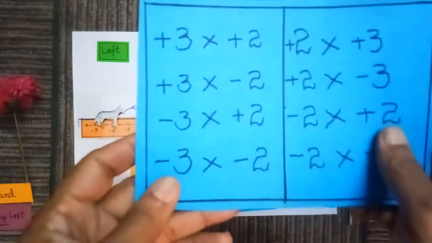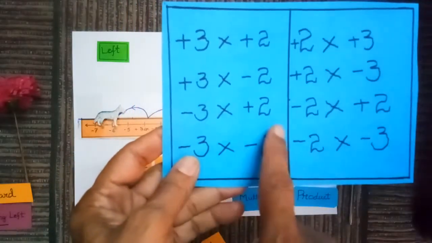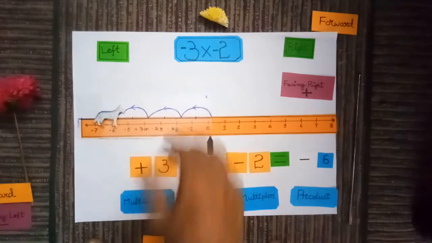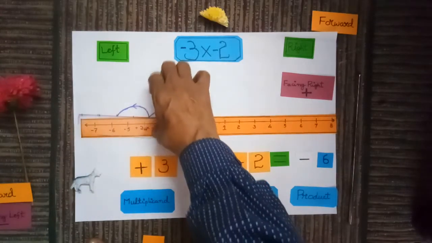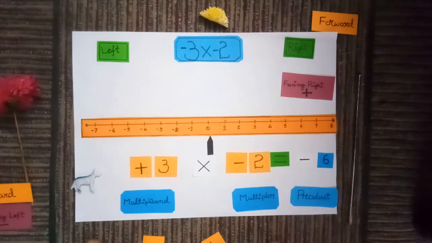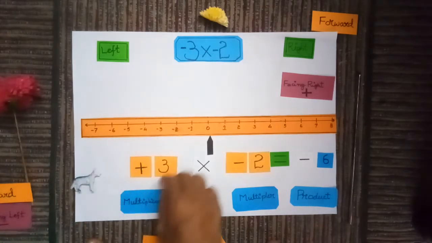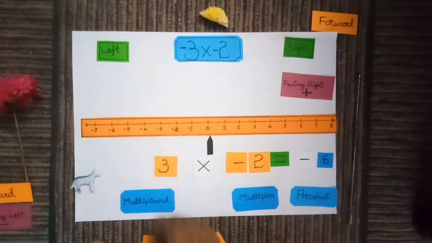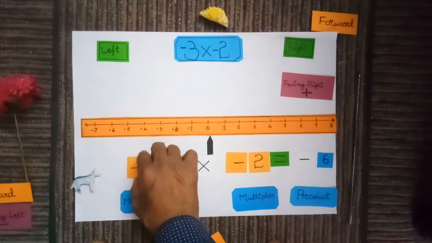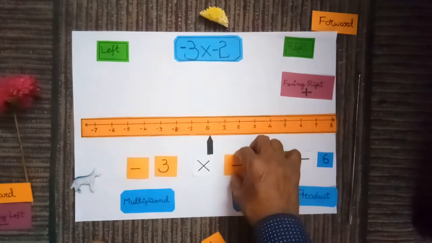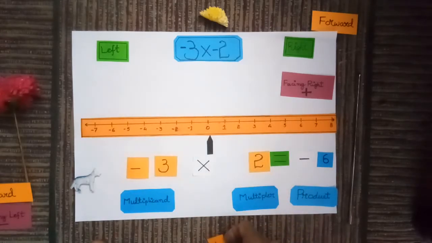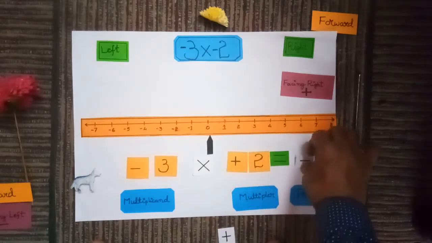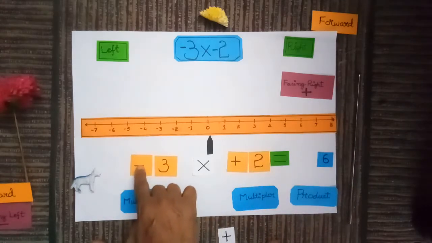Let me go to the third case wherein minus 3 into plus 2. Let us try to understand this case. So let me remove all these things. So now we have to understand minus 3. So let us remove this plus also and keep minus here, and this we shall replace by plus. So this is minus 3 into plus 2.